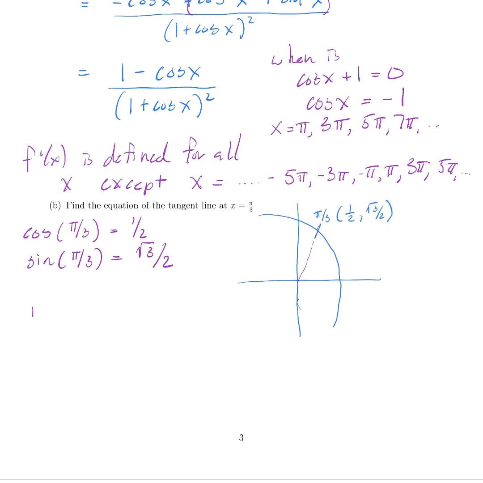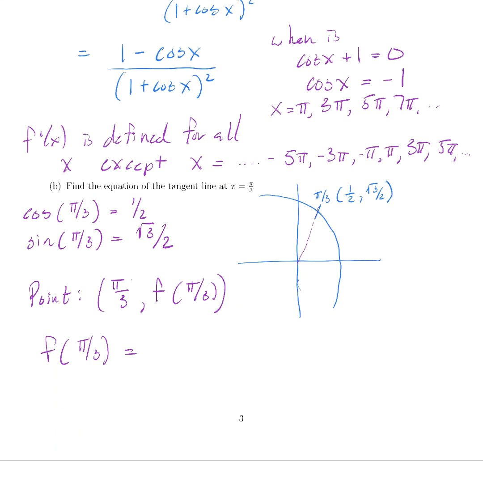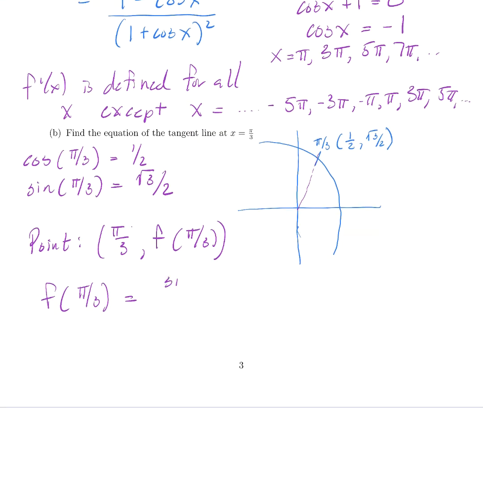So the point has x value pi over 3, and whatever the output of our original function is at pi over 3. So we need to find that. So f of pi over 3. Let's go back and make sure we get it right. Sine over 1 plus cosine. So it's sine of pi over 3 divided by 1 plus cosine of pi over 3.